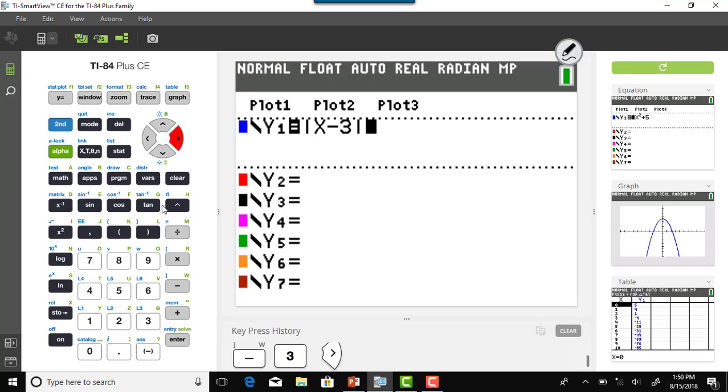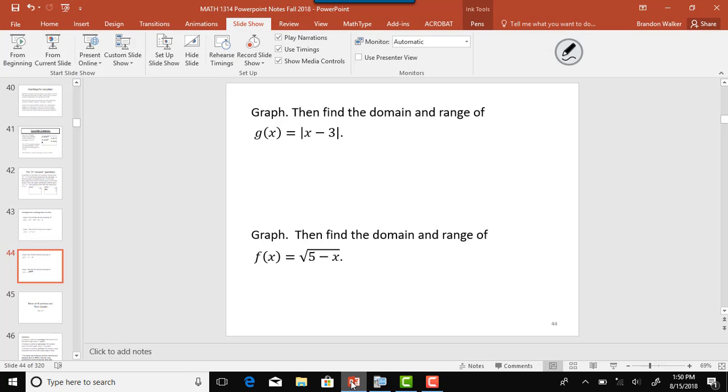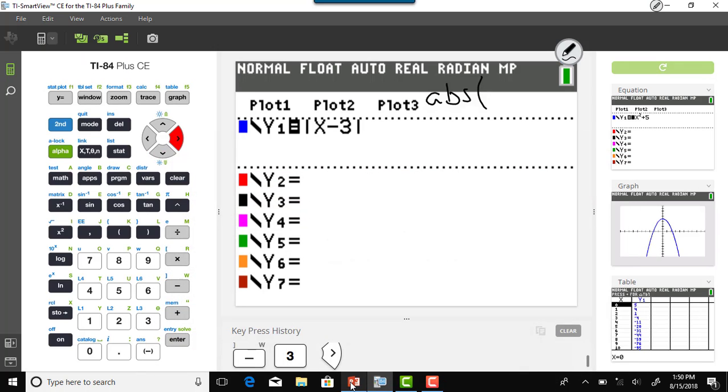If you happen to be in classic, then they would actually put the ABS and they would open the parentheses for you. And so then you would have to go back and look at your function and say, okay, I want all of x minus 3 to be inside that absolute value. And so because of that, I would put absolute value x minus 3, and then I would have to close my parentheses.